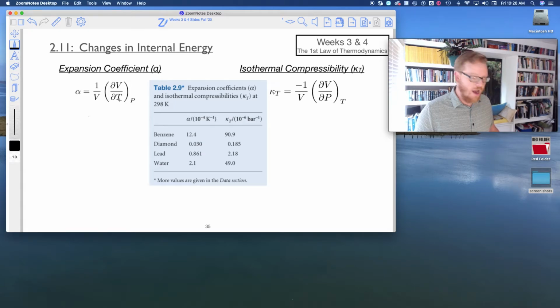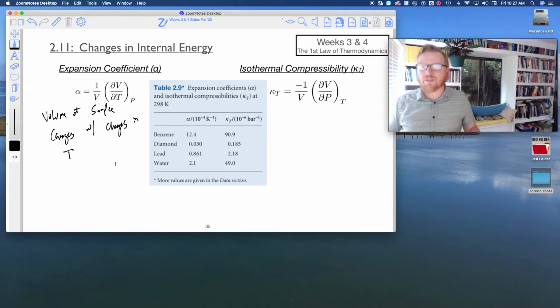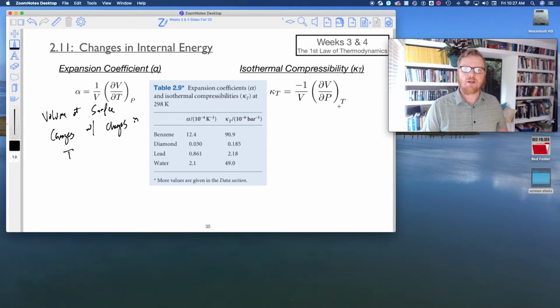In other words, the expansion coefficient gives us how the volume of a sample changes with changes in T. As we heat up a material, we generally think of it as expanding. As we cool the material down, we think of it as compressing.